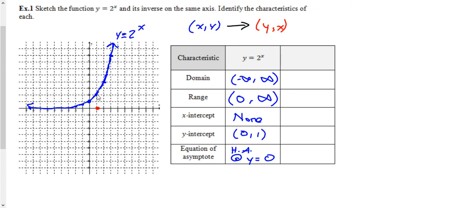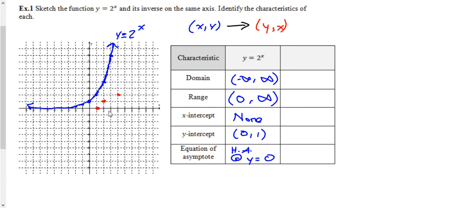This one here was at (1, 2), so it's going to be (2, 1). There we go. Here we're at (2, 4), so I'm looking for (4, 2). And of course here it was (3, 8), so I'm looking for (8, 3).